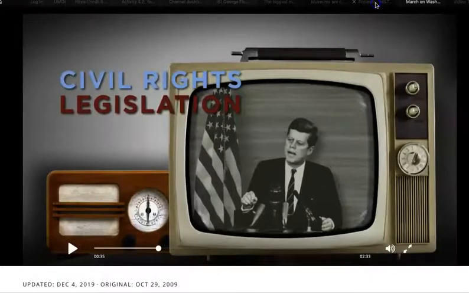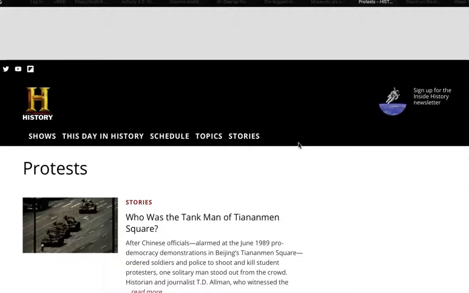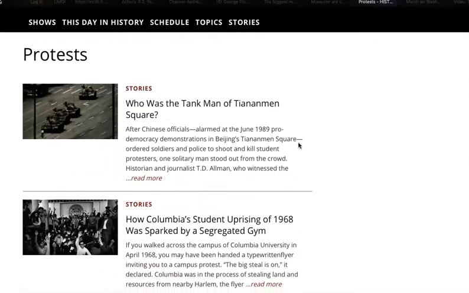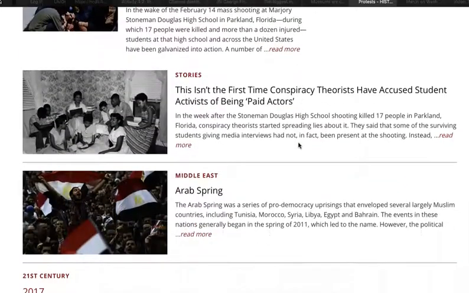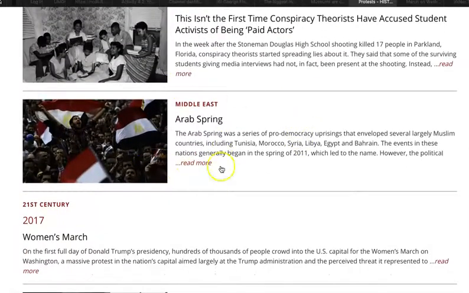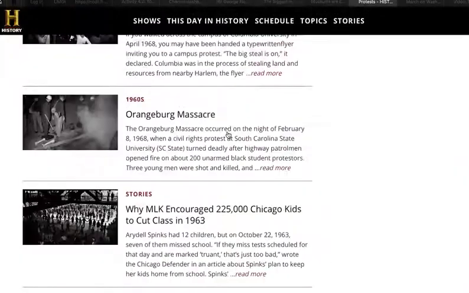in the States. Another page also comes from the History Channel. This right here talks about different protests that took place in the world, especially in the States. There's one here that is pretty interesting, the Arab Spring. Even though it didn't happen here, they can get a better idea of how protest is in the Arab world itself, and they can compare and contrast that with protests in, for example, the States, and especially what is going on in our time.